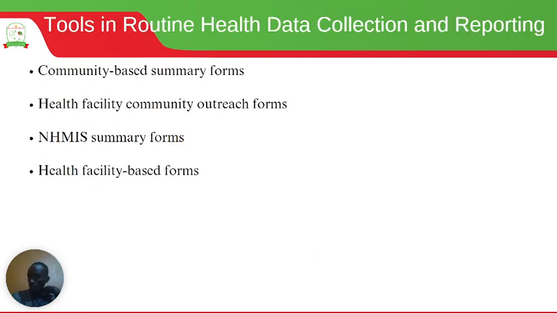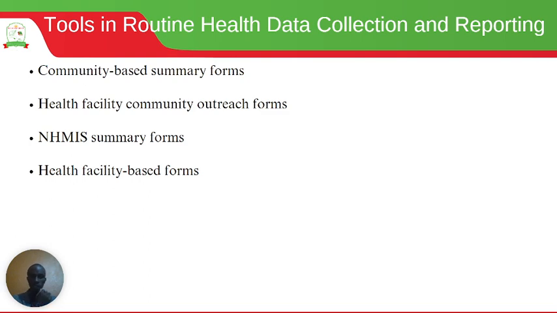Then the tools that are used in routine health data collection and reporting could include community-based summary forms, which can be utilized by the community health workers, and then health facility community outreach forms whenever a health facility organizes an outreach, for example, to go and do routine immunization in the community. They always use these forms to document whatever they have done.